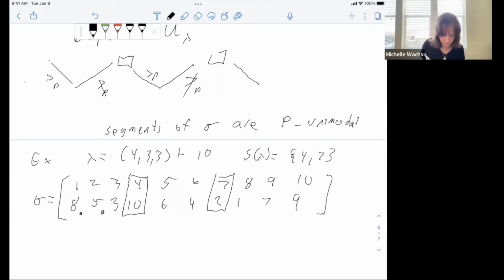We'll just assume every descent is a P descent, just for this example. So here are the descents.